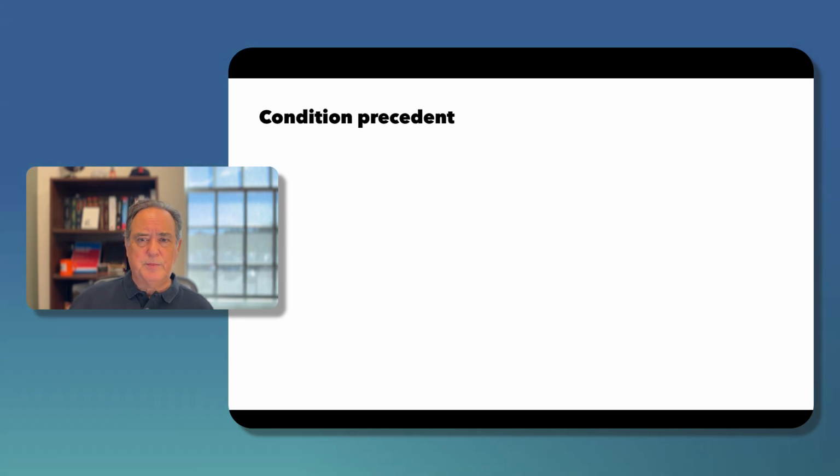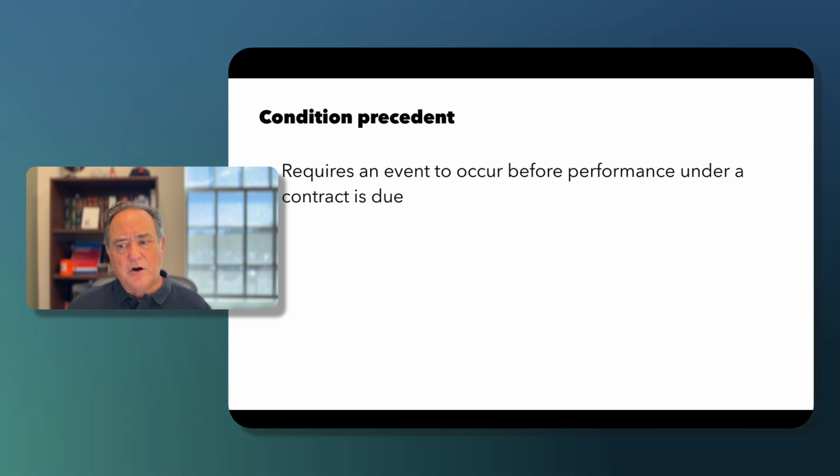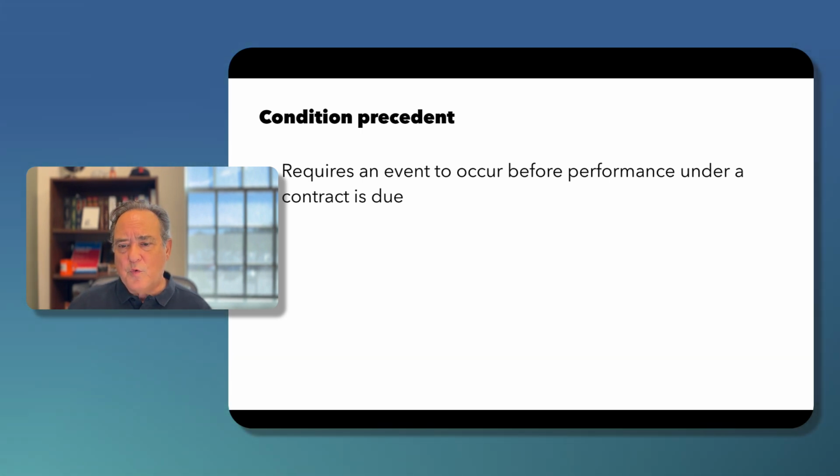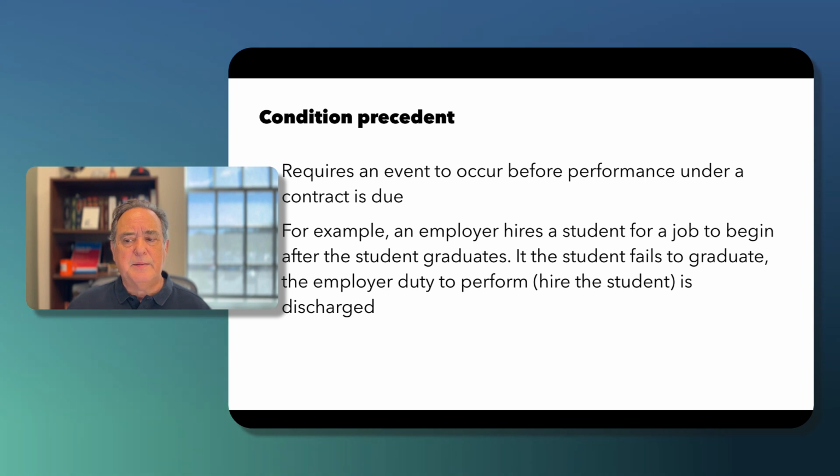Starting with condition precedent. And what this says is there must be an event that occurs before performance under a contract is due. So, for instance, an employer hires a student for a job to begin after the student graduates. And many of you are in that position now. You are being hired for a job even though you've not yet graduated from college.